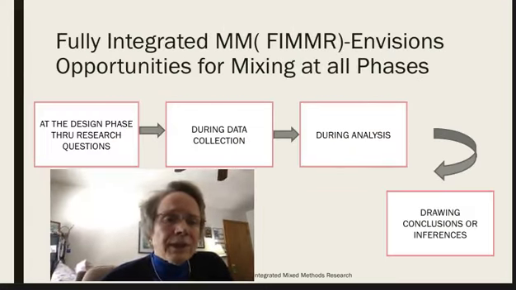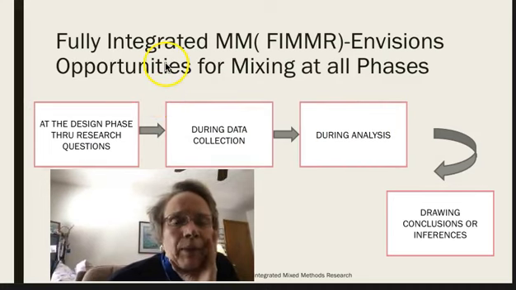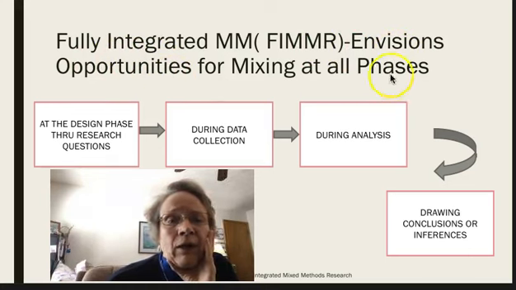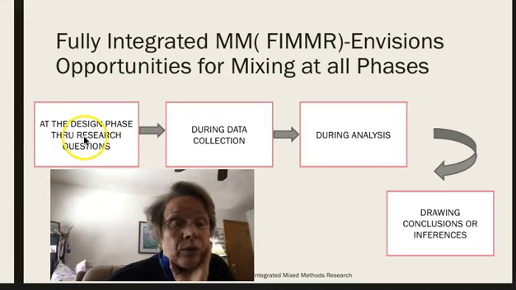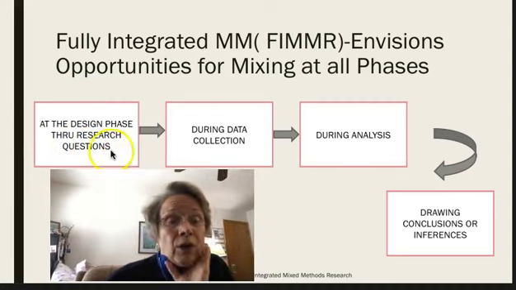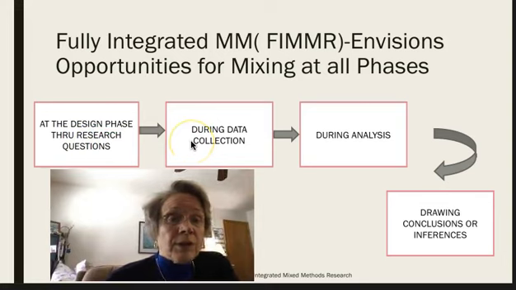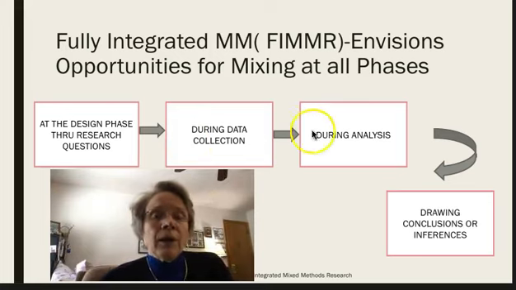So I mentioned this idea that is captured by my title of Fully Integrated Mixed Methods Research, which really tries to envision opportunities for mixing at all phases. At the design phase, in the research question and purpose statements, during data collection, sometimes through different strategies that integrate qual and quant during coding.